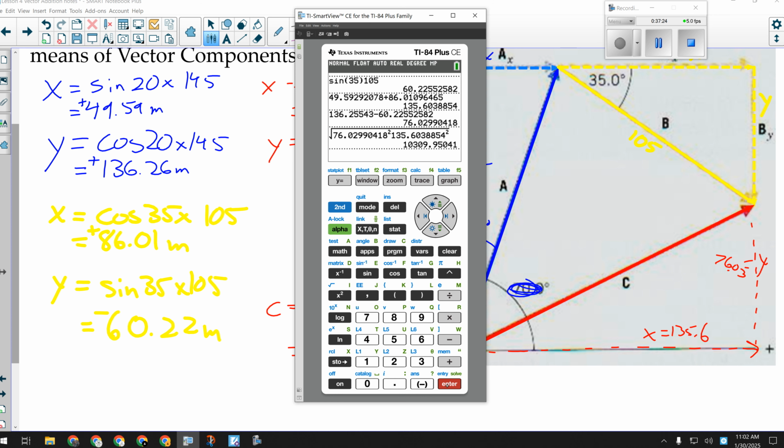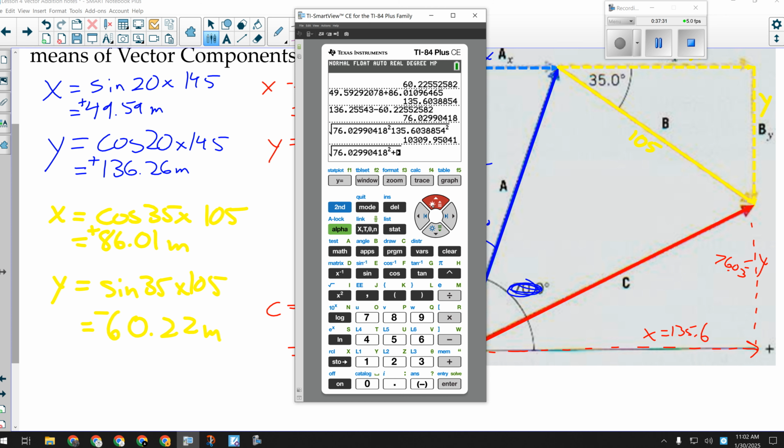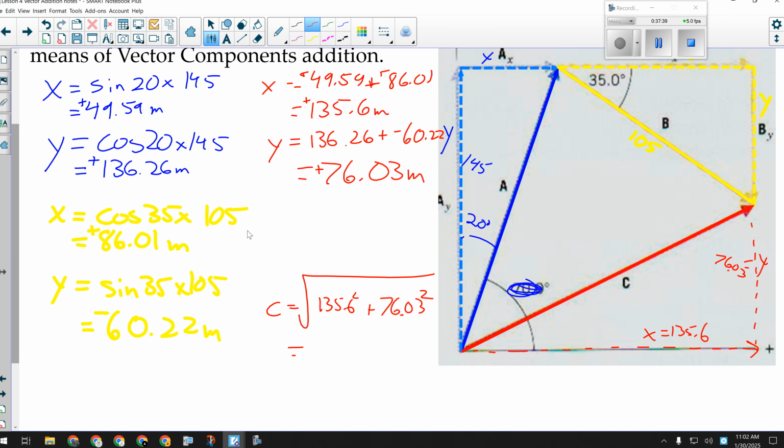Whoop, I forgot to put a plus sign in there. Let's try that again. That'll work better. Okay, 155.46 meters.